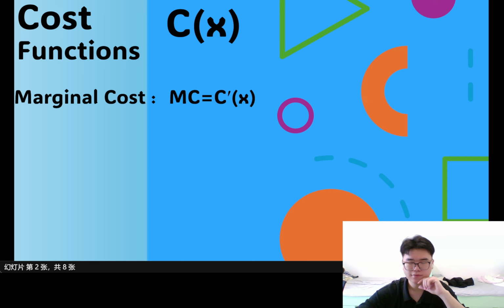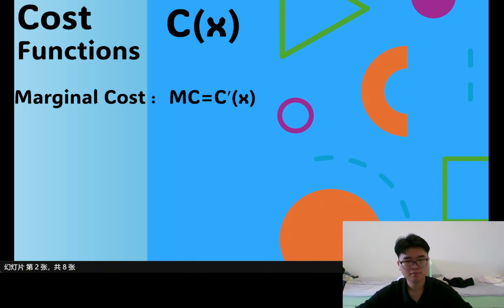Fixed cost, for instance, the equipment depreciation, doesn't change with changes in output, while variable cost is different. It increases or decreases with increases or decreases in output.